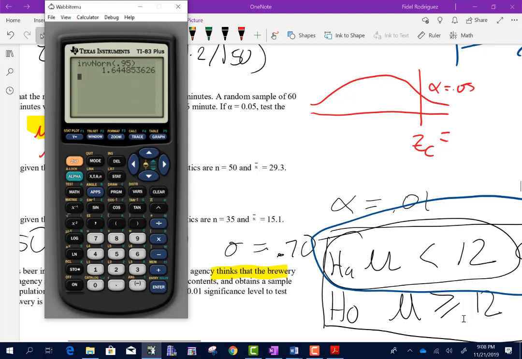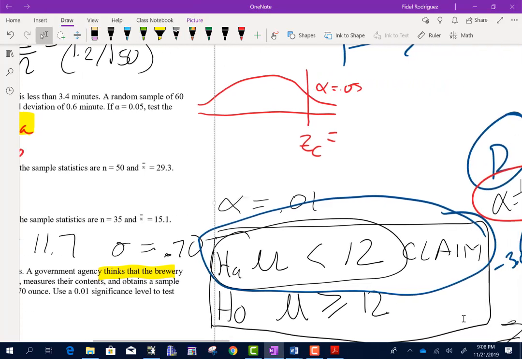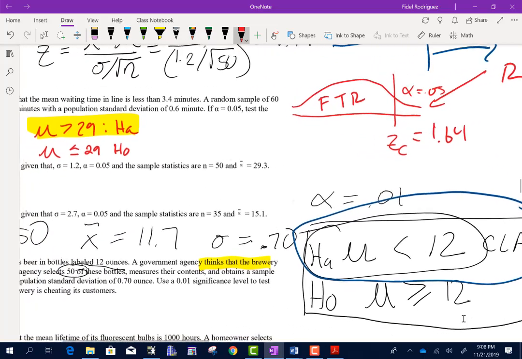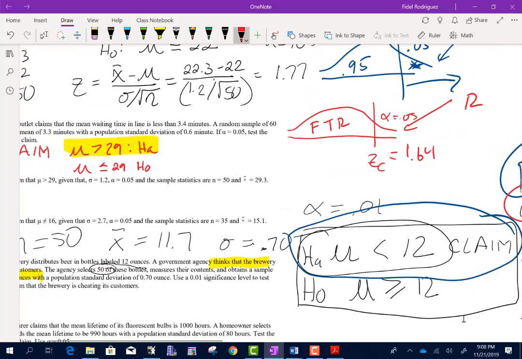Enter. So my z value is going to be positive here, 1.64. So let's write here 1.64. Guys, everybody agree that this is my rejection region and this is my fail to reject region? So far, so good?